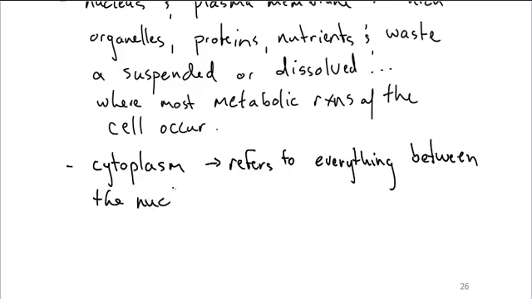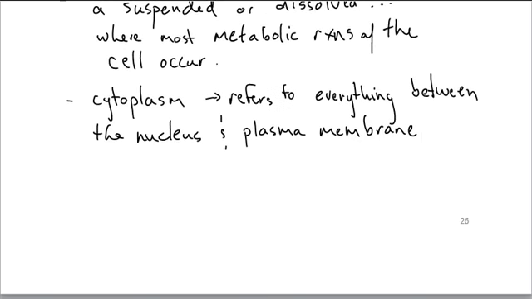So the gel and all the organelles. If I say that ribosomes are in the cytoplasm, I would be implying that they're also found inside the organelles, which isn't necessarily true. So there is really a difference to using the terms.